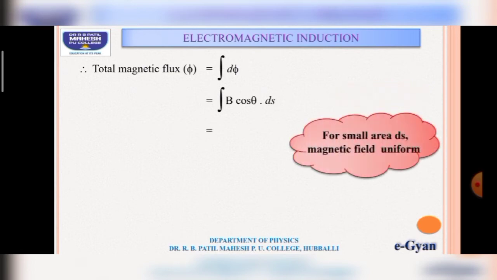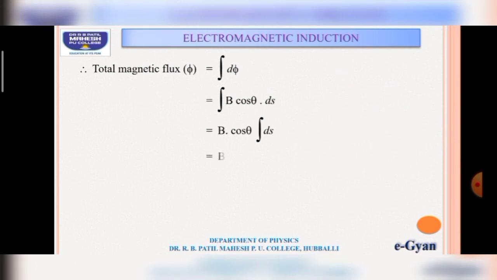That is equal to B cos theta into the integration of dS. Integration of dS is nothing but the total surface area. That is equal to B into cos theta into A. Therefore this is equal to BA cos theta.